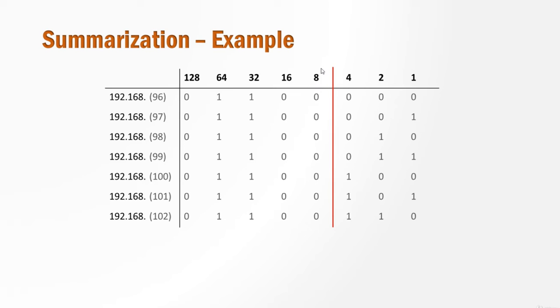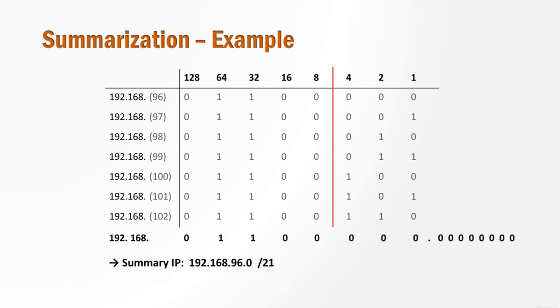So this is bit number 21, this is 22, this is 23, and this is 24. So all of the bits to the left of the red line we're going to copy, and then all of the bits to the right of the red line are going to become 0. And that's actually it. We already have our summary IP.